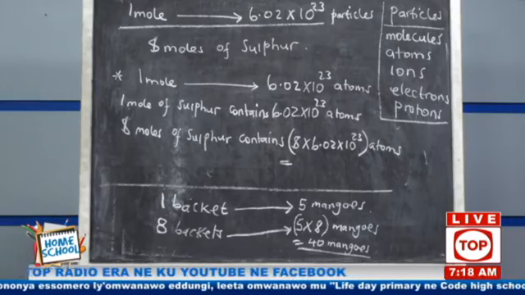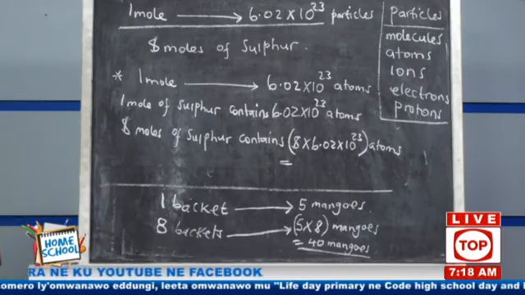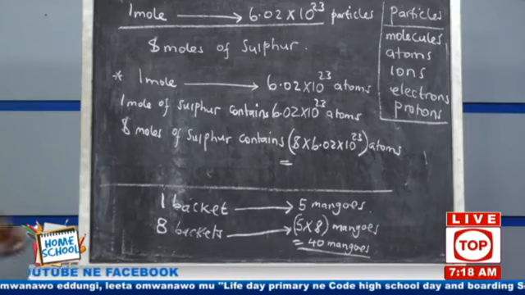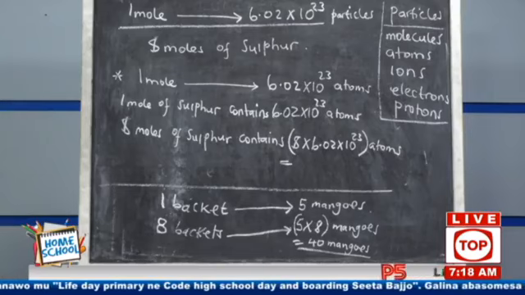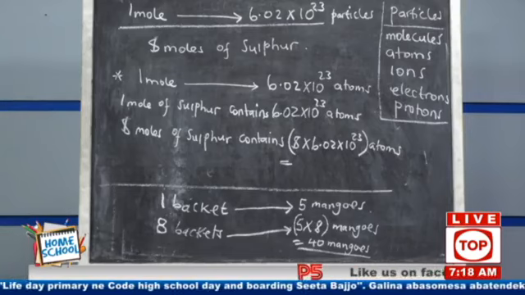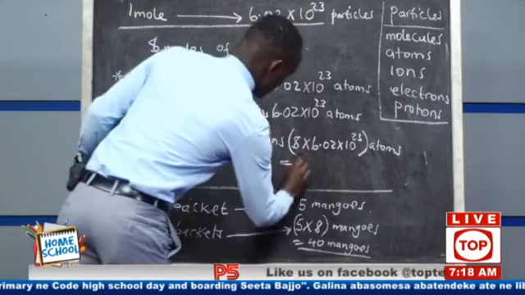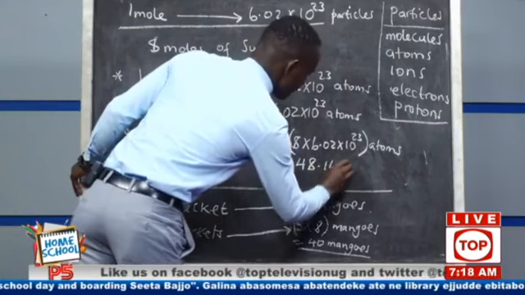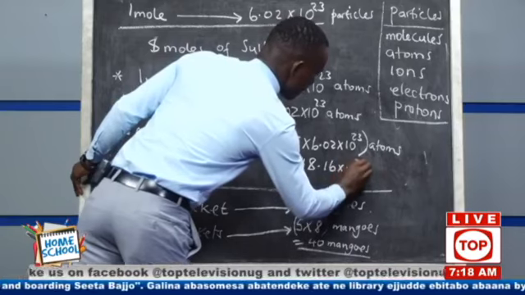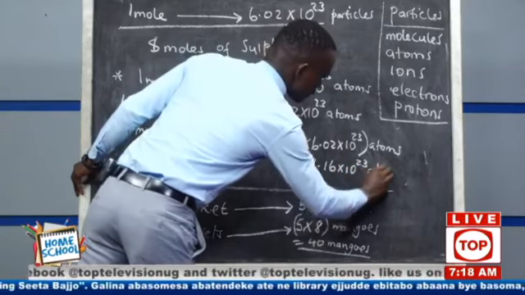Hopefully the concept is being taken, and I want to delay on that one with a reason, that I want everyone to understand, so that when we go to the next example, it becomes easy. That will be 48.16 times 10 power 23 atoms.